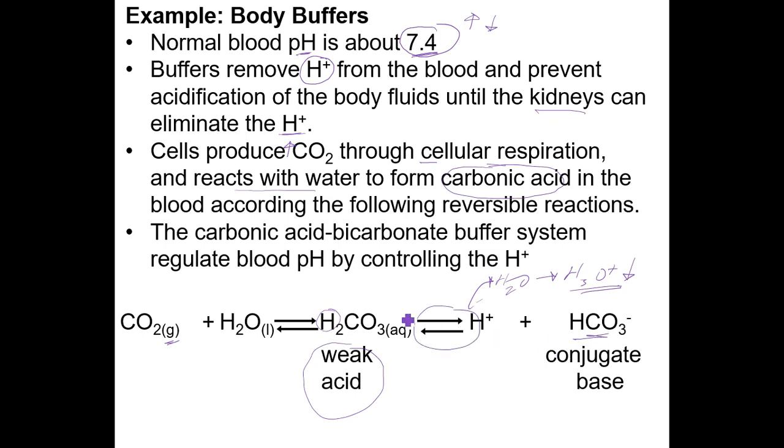So all of this is in equilibrium. So we do have carbon dioxide dissolving in the water, forming the carbonic acid, and that's also going to be in equilibrium with the formation of the protons, the hydronium, and the conjugate base, the bicarbonate. So this balance that we do have here in these equations that can go in both directions, this is referred to as the carbonic acid bicarbonate buffering system, and that just ensures that the pH doesn't go too low, but it also doesn't go too high.